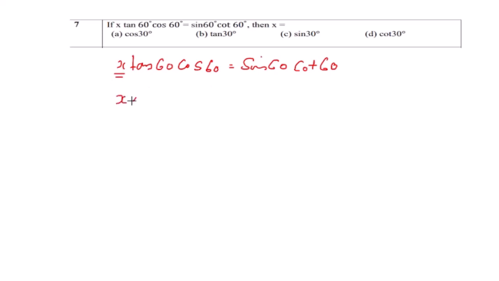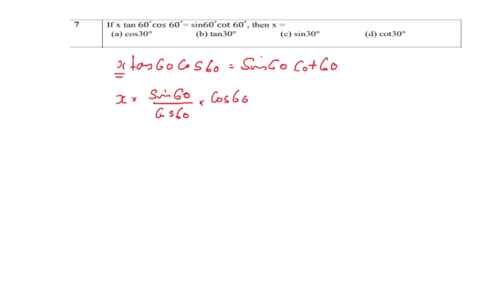x into tan 60. Tan 60 we can write as sin 60 by cos 60, because tan theta is sin theta by cos theta. So tan 60 is equal to sin 60 divided by cos 60, into cos 60. Cos 60 we don't want to change.